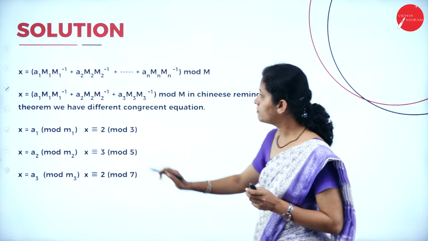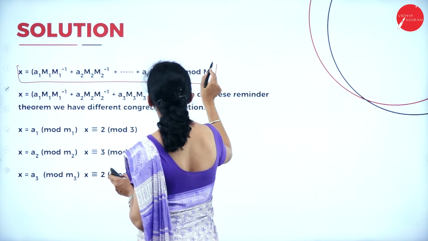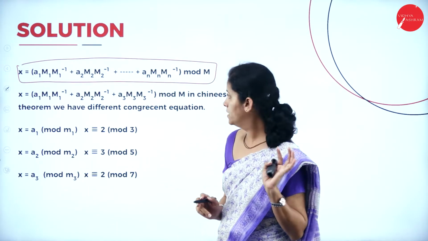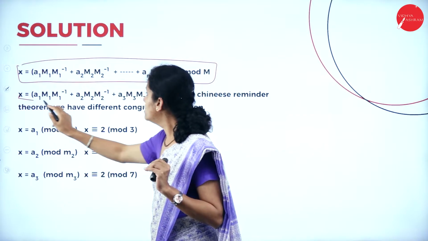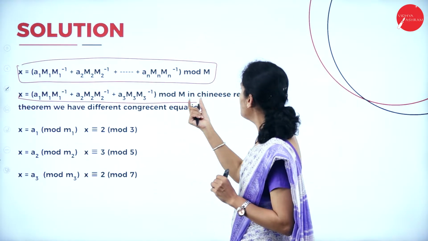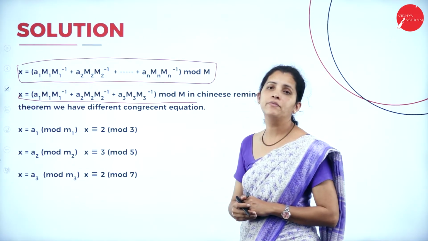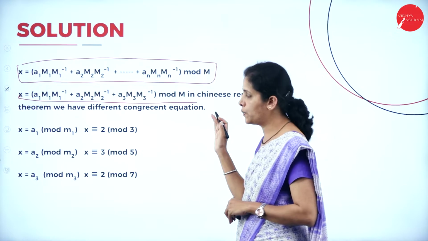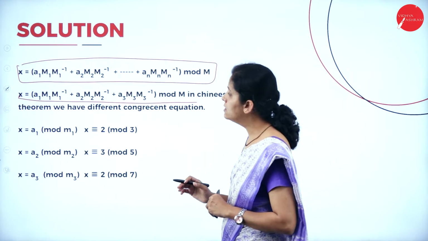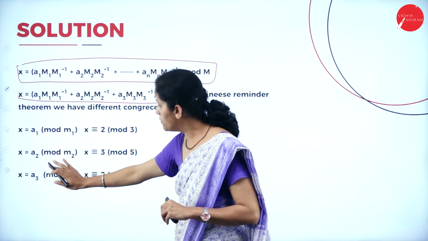Now, first, what I want to do, I want to write the CRT formula. Think that I have written. Okay, now here, this formula mod M in Chinese remainder theorem, we have different congruent equations. And if I consider my example, okay, this is the CRT equation.